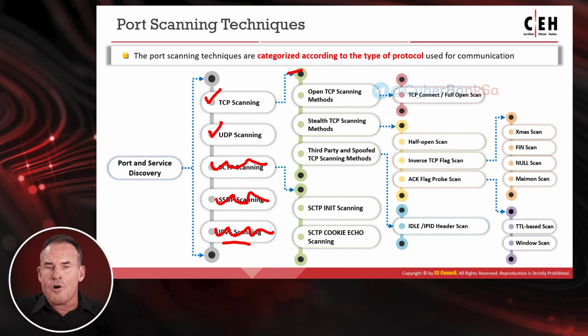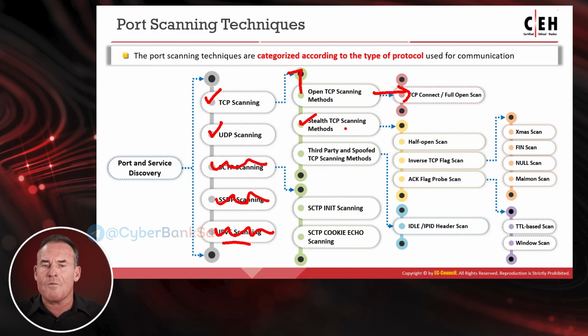TCP, you have open TCP scanning methods like the TCP connect, or full open. Now, I can run that as a non-root user or non-administrator, typically on any operating system. Anything that involves a modification of the normal connection handshake will require root privilege. For example, stealth or other types of inverse scans.